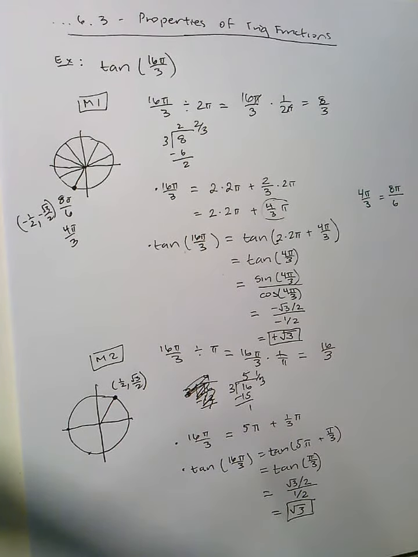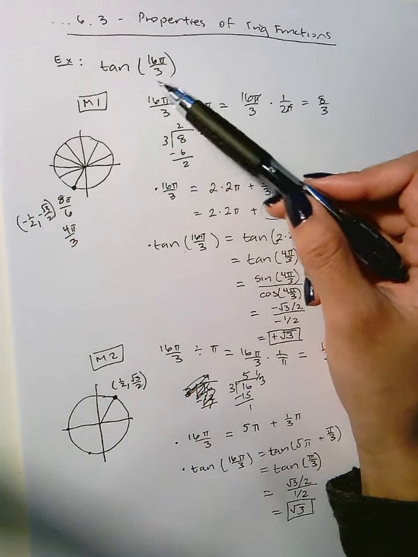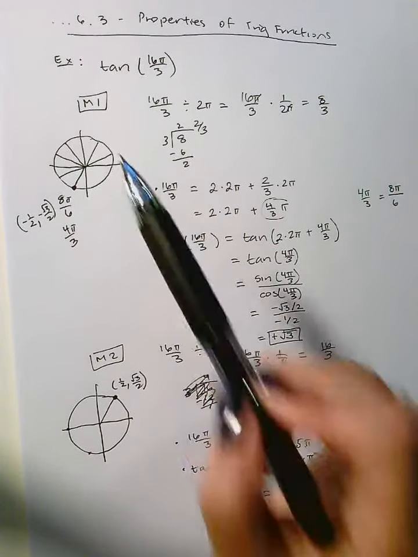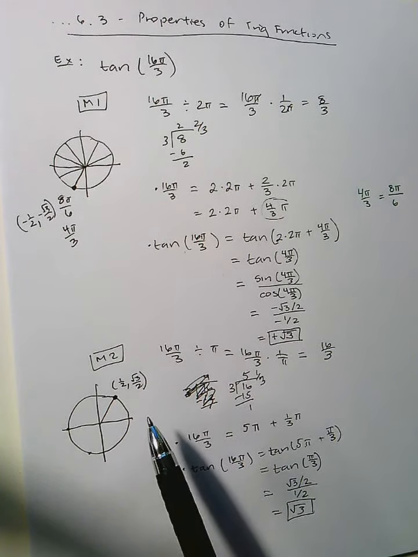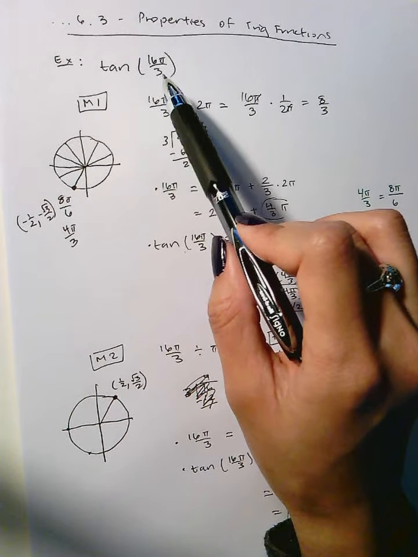So again, just to recap, in this method we were using full revolutions. We were figuring out how many times does this 16 pi over 3 go around the unit circle in full revolutions. And for this one, we were figuring out how many times does this 16 pi over 3 go around the unit circle, but in terms of its period.